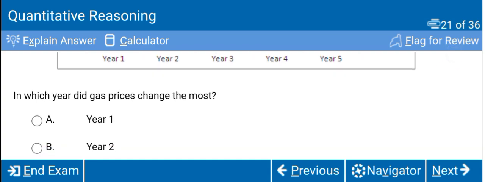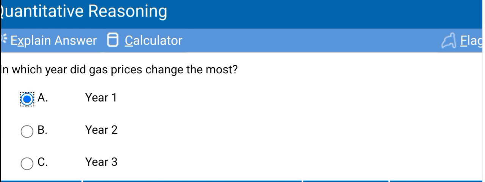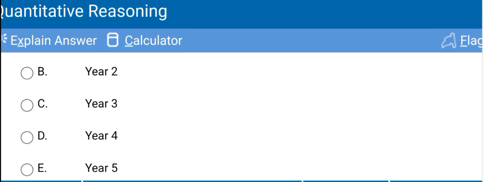So the question is, in which year did gas change the most? Option A, year 1, option B, year 2, option C, year 3, option D, year 4, and option E, year 5.